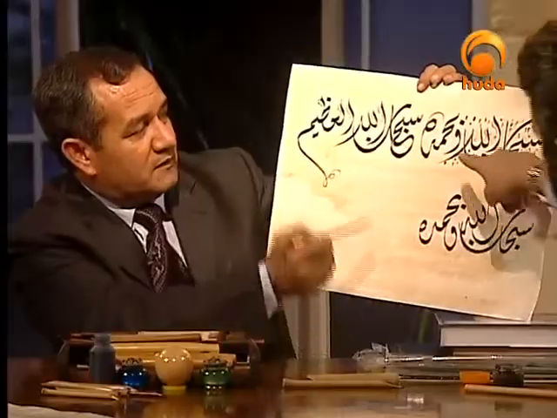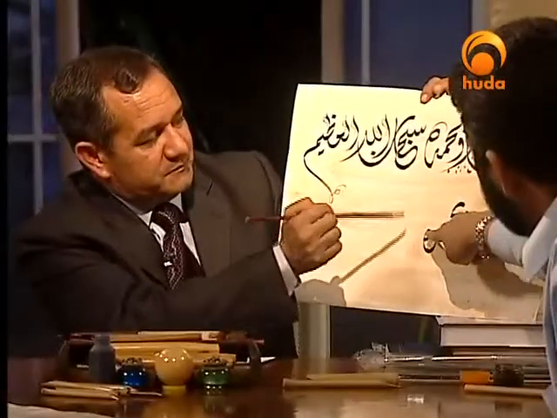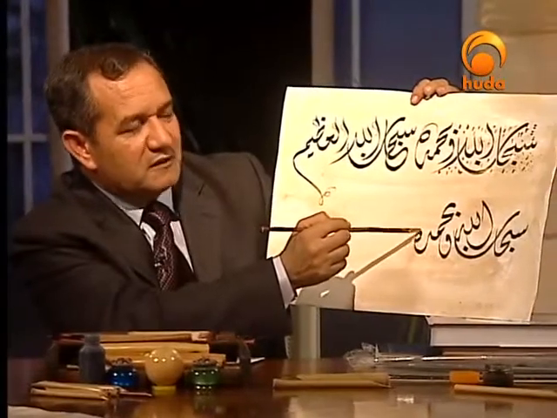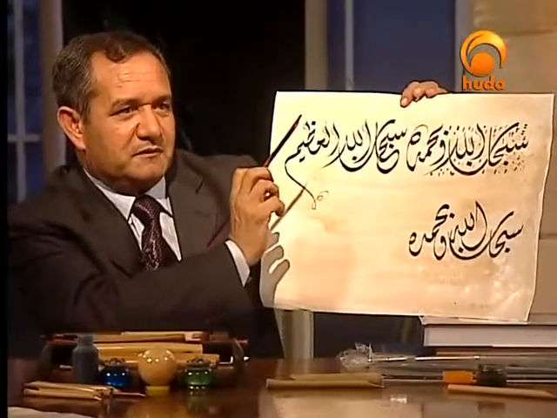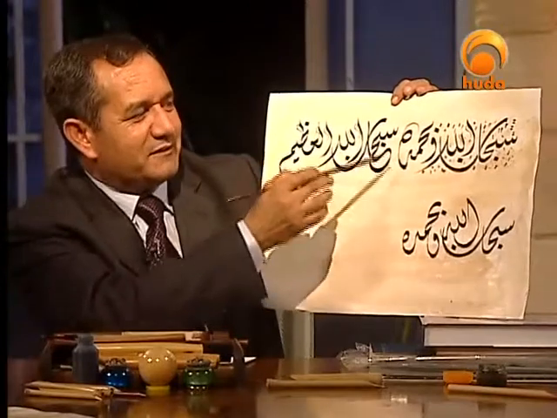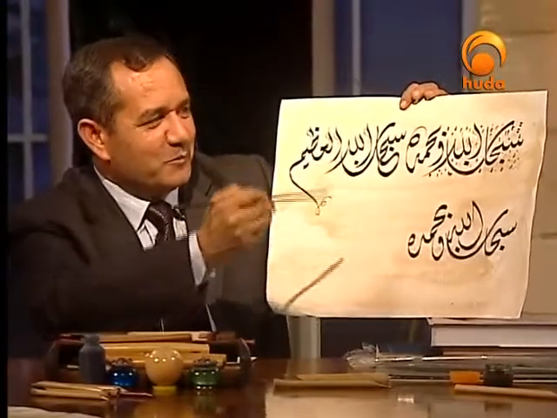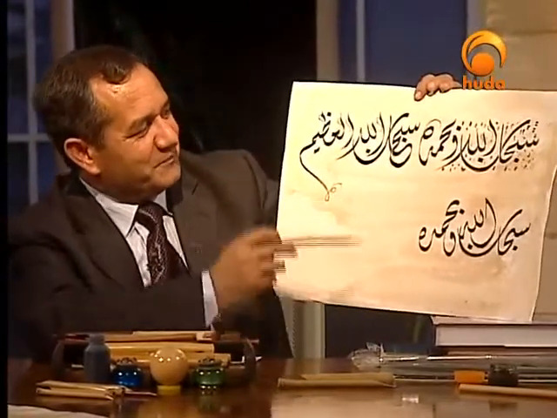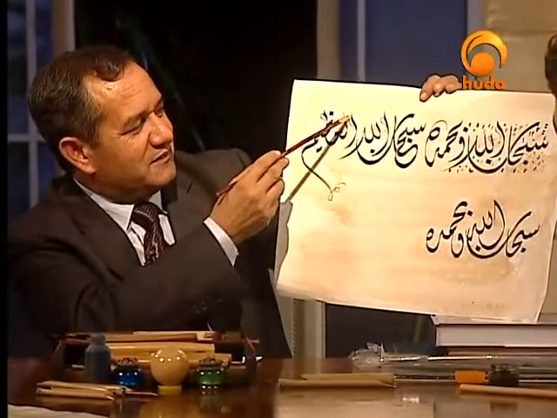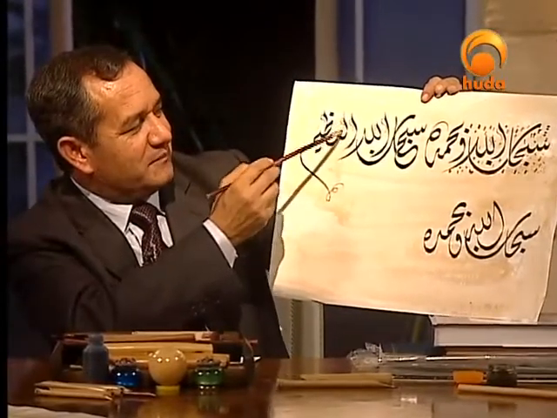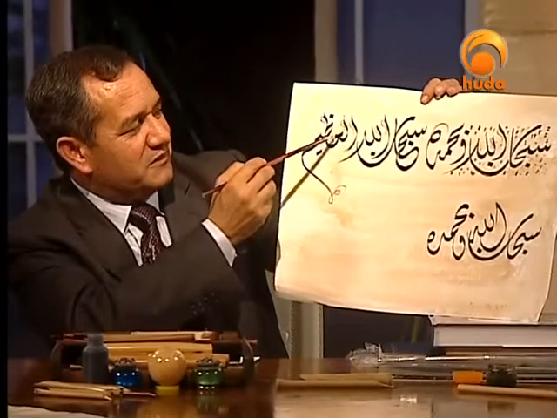Yes. Also the Ha. The Ha letter here is different from that one. Yes, here is a little bit serious. But this one is a little bit playful and moving more. Funny. Yeah. Here also I can see the alif, lam with its decoration.